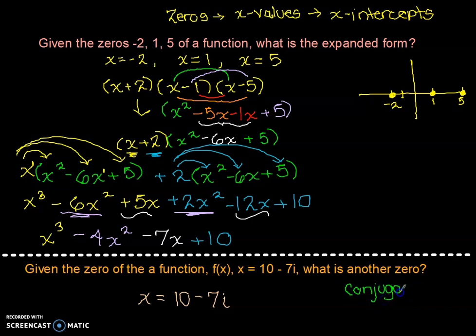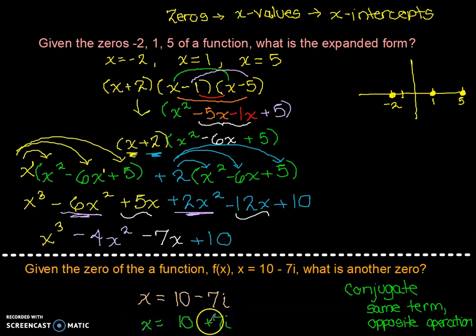Conjugates have the same terms, but they have the opposite operation. So meaning, if I have 10 minus 7i as a zero, then the other one would automatically be 10 plus 7i. So you're not changing the signs of the terms, just the operation itself.